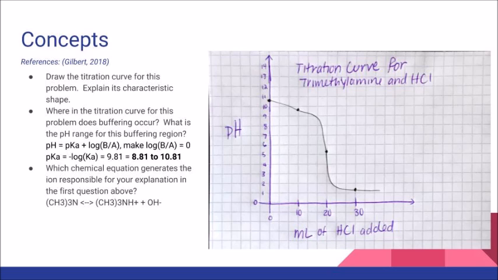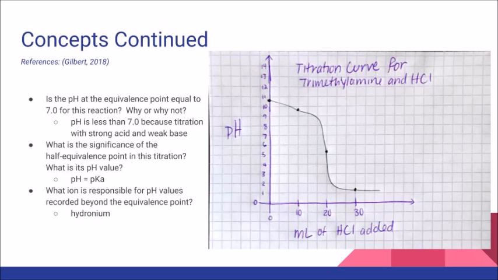The second region, a distinct region on this graph, surrounds the equivalence point at 20 milliliters. The equivalence point is when all the moles of the base in the solution have been titrated with moles of acid.